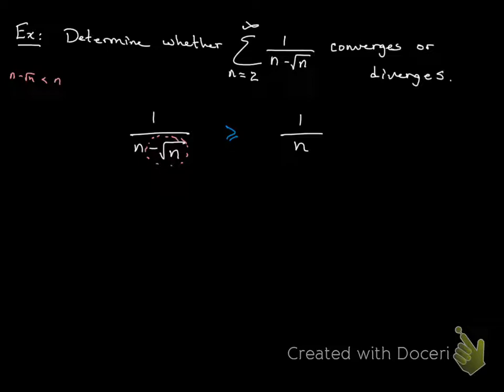This is the difficult thing about this test. It seems like you're just making things up and writing down the inequality the way you want it to work. The inequality has to be true. I can't just write things down, but because I have a smaller denominator on the left side, that's a larger fraction.